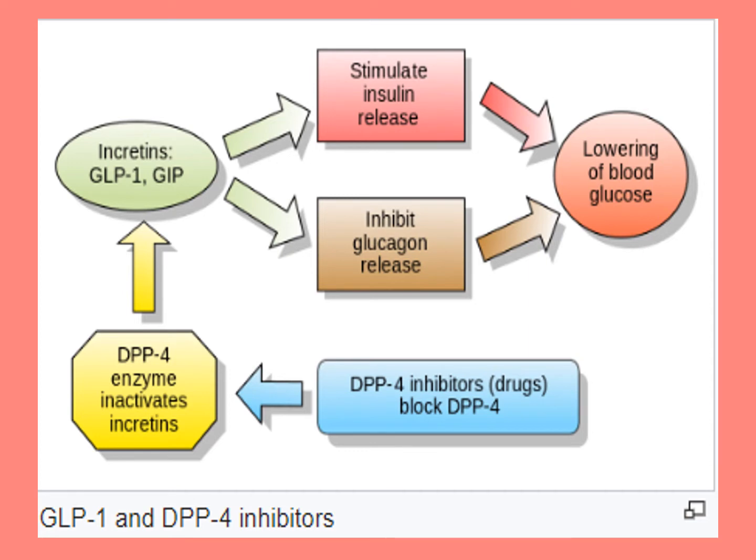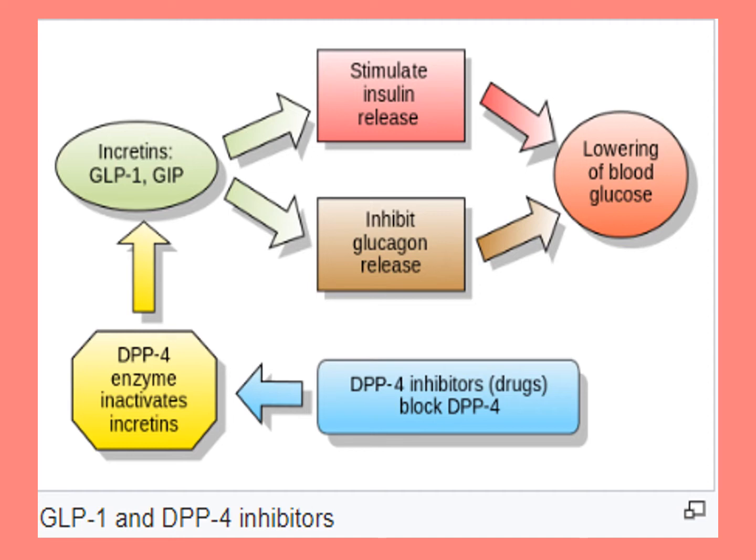Here you can see a schematic diagram showing the effect of the different incretins. For example, GLP-1 and GIP stimulate insulin release, inhibit glucagon release, and thus lead to lowering of the blood glucose. Similarly, you can see here, DPP4 destroys, or leads to the catabolism of, these two hormones.